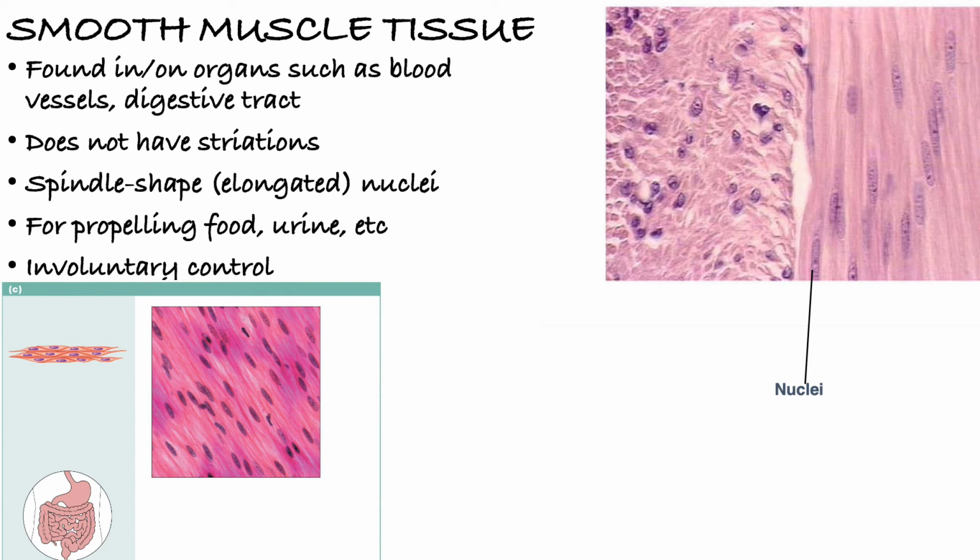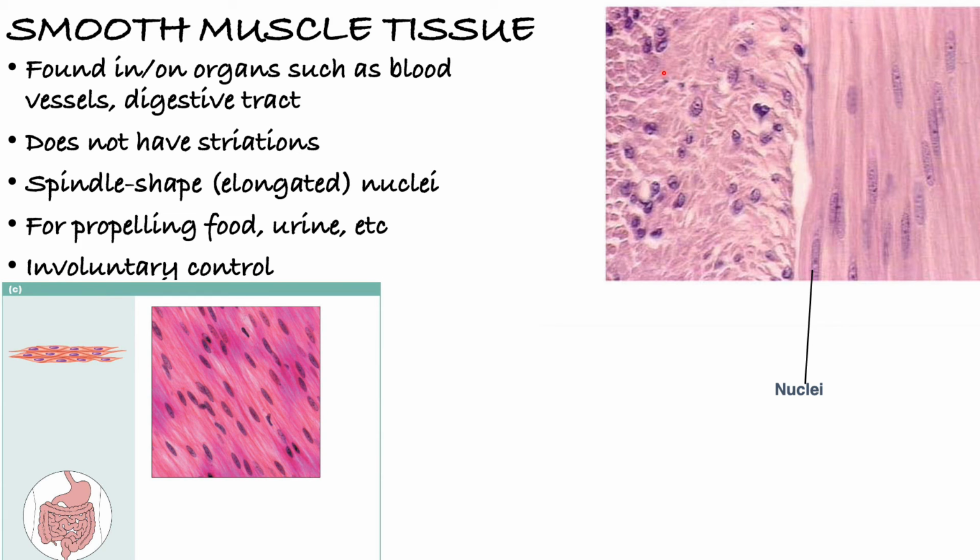You're going to find these in organs like blood vessels and the digestive tract. They're under involuntary control, meaning, for example, if your stomach starts growling in the middle of class, it's not something you can control. You didn't cause it, and you can't stop it. It's involuntary, and like I said, they don't have striations.